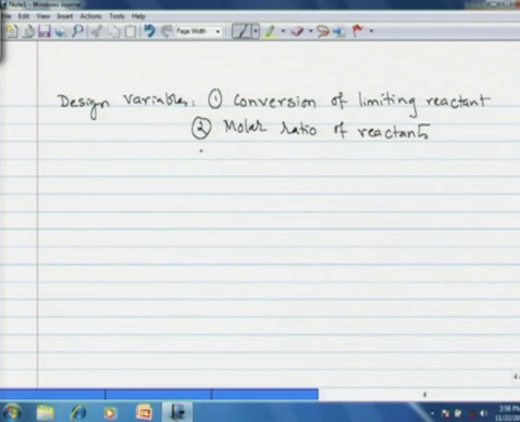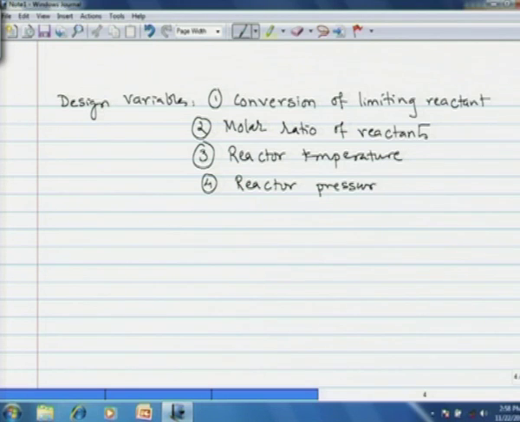Third would be the reactor temperature. Fourth will be the reactor pressure. And in case of catalytic reactions, the catalyst that is used. Okay. But now we shall see what are these variables that are significant and under what circumstances they become insignificant.